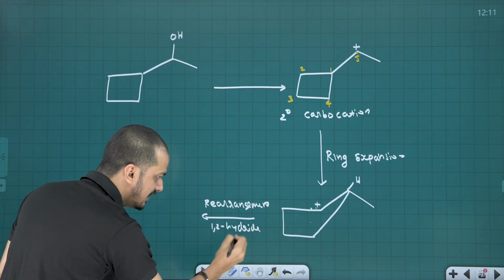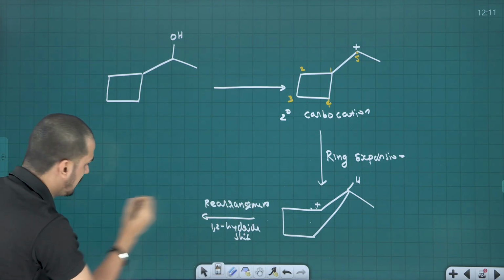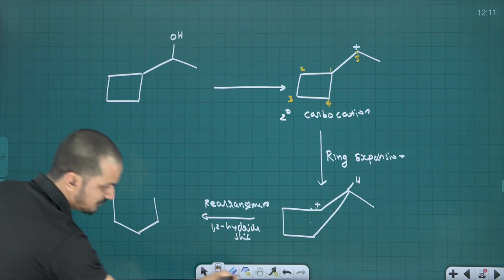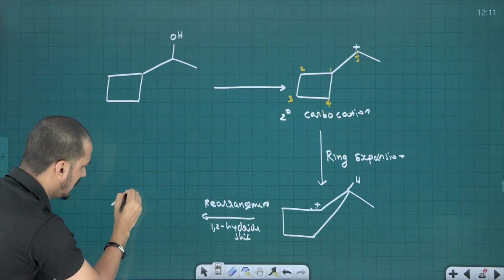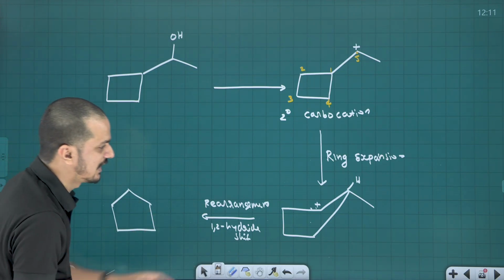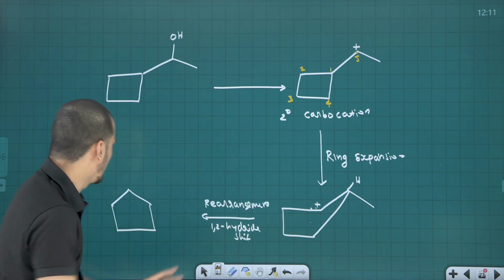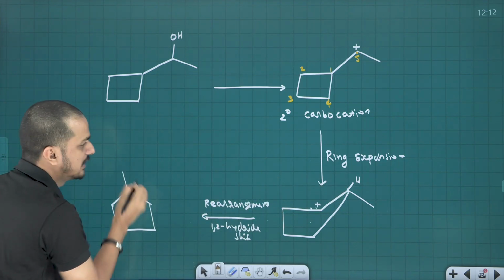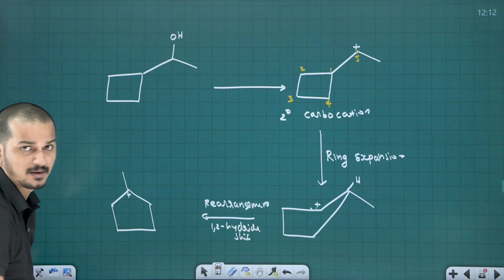I am representing it like this, then it will be easy for you and me. You can see the 5 carbon ring, and this hydrogen is shifting here, so the plus charge will go here. Here one methyl group is there, and the plus charge will come there.